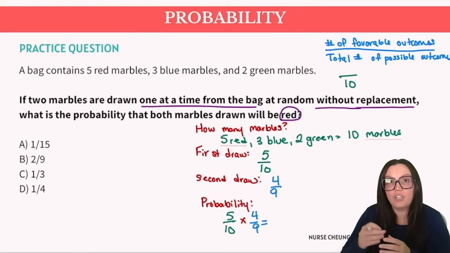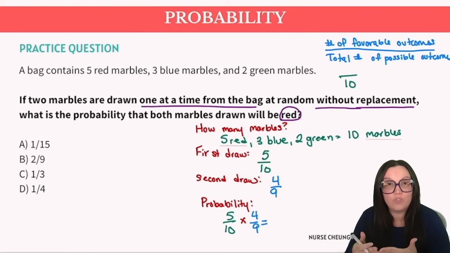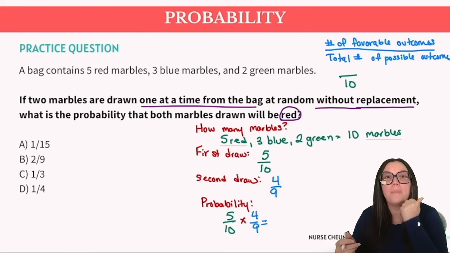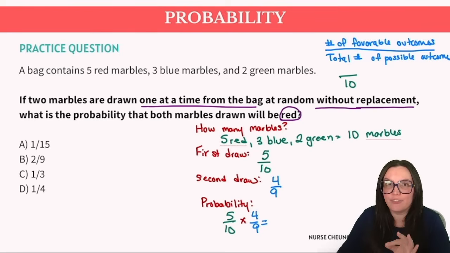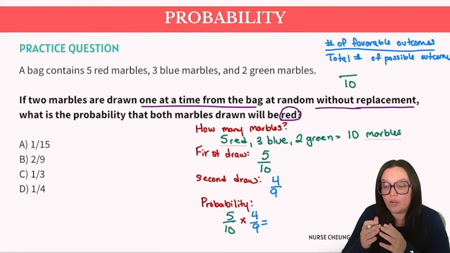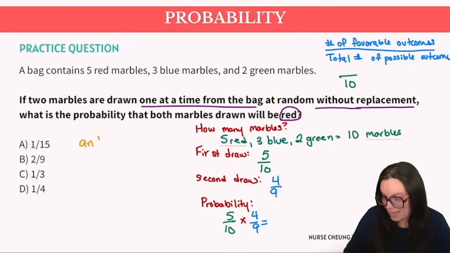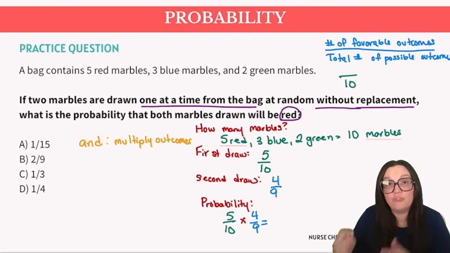Whenever we are looking for 2 things together, we use the word and. That means we are going to multiply our outcomes. Something very important that you're going to have to know for the TEAS is that when we are looking for 2 outcomes together, we usually use the word and, and anytime we have the word and, we're going to multiply the outcomes together.